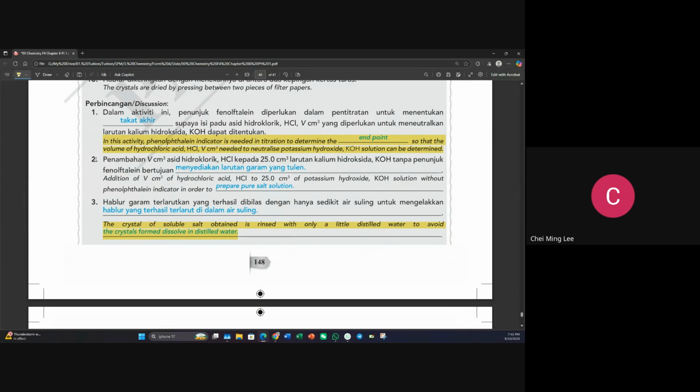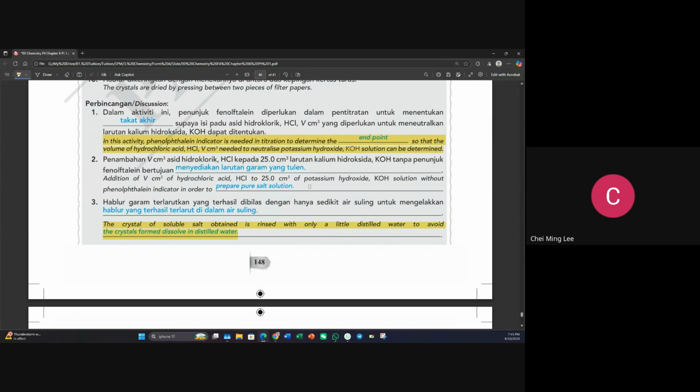Okay, so the next one is about the procedure without the phenolphthalein indicator, which is in order to prepare the pure salt solution. It means that we use the first one with the indicator so we know how much solution is needed.